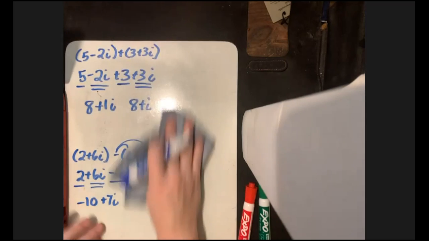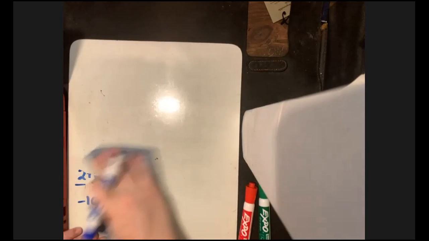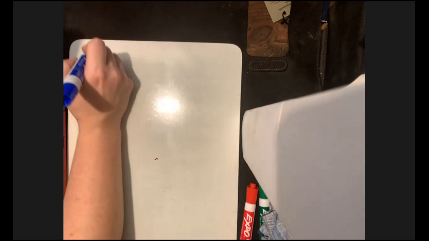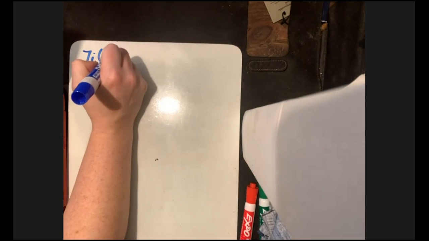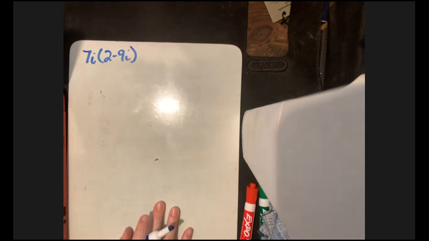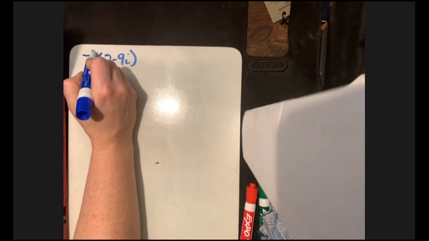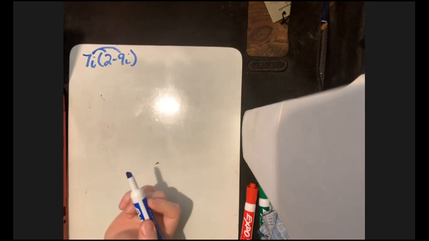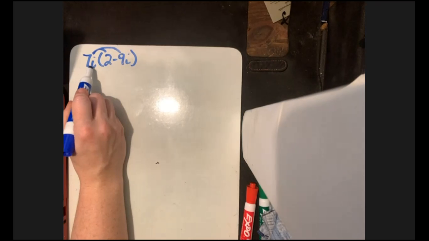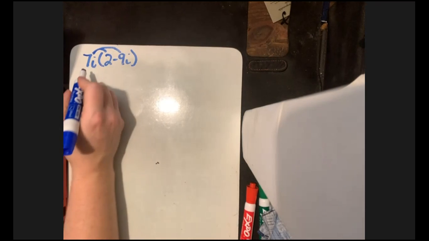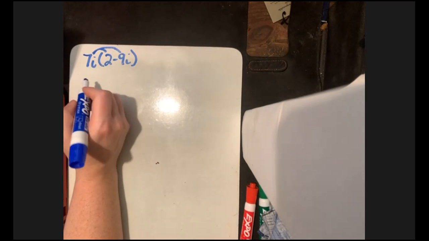Now, let's take a look at the multiplication ones. Okay. And so the first example is 7i against 2 minus 9i. Now, following a math instinct, this feels like we should distribute, and that is exactly what we're going to do. So I've got 7i times 2, and again, treating that i the same way you would an x.